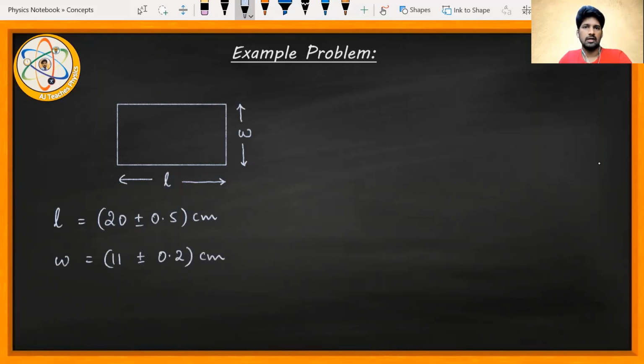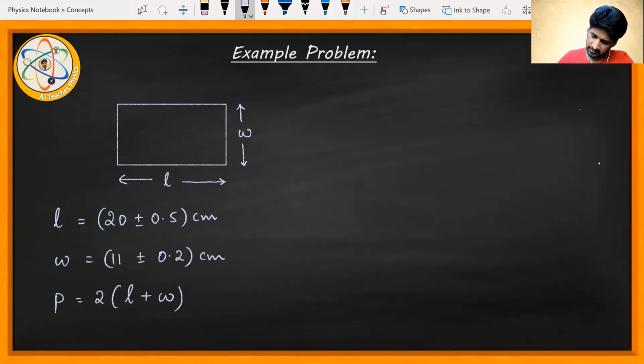And suppose we have to calculate its perimeter. We know that the perimeter of a rectangle is 2 times the sum of its length and width. So what we will first do is we'll find out the sum L plus W first, and then we'll multiply it with 2 so that we can report the perimeter along with its uncertainty.